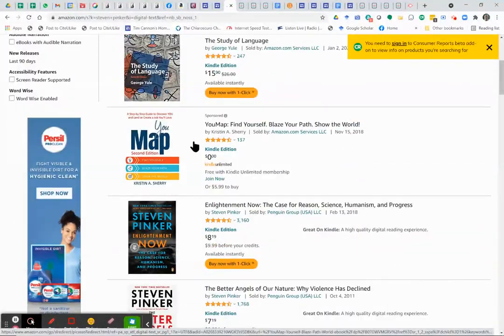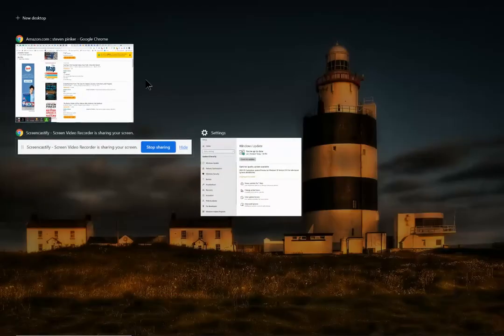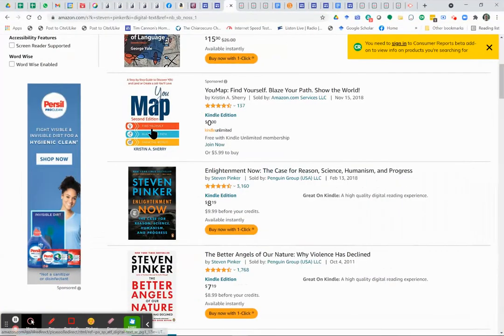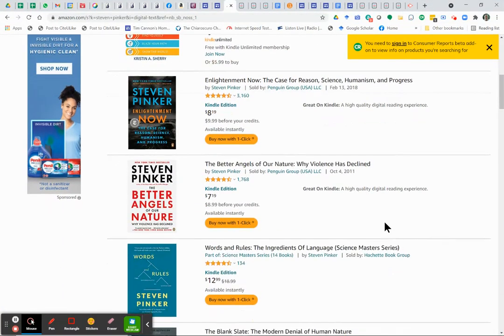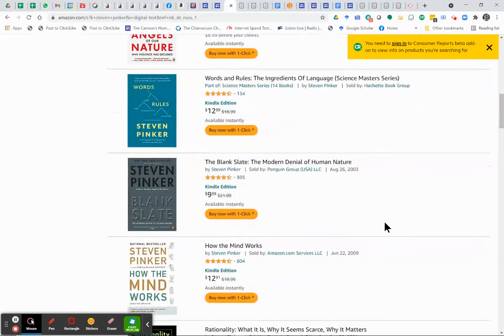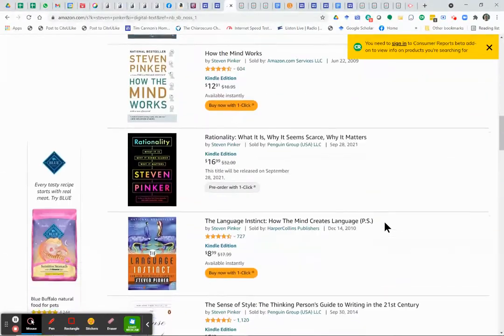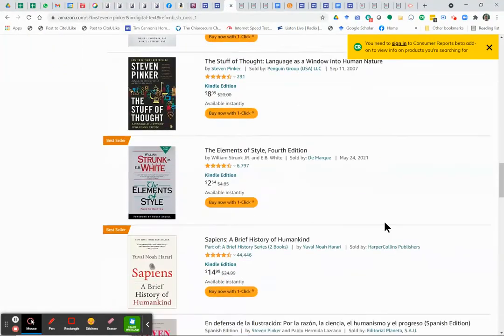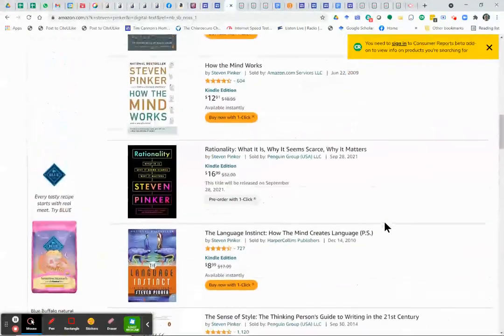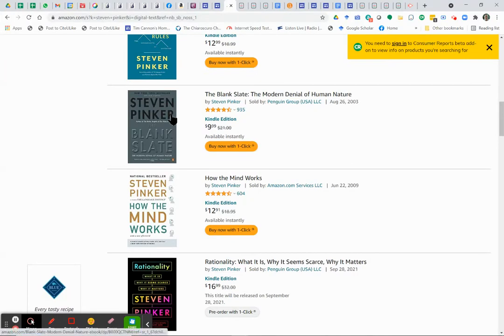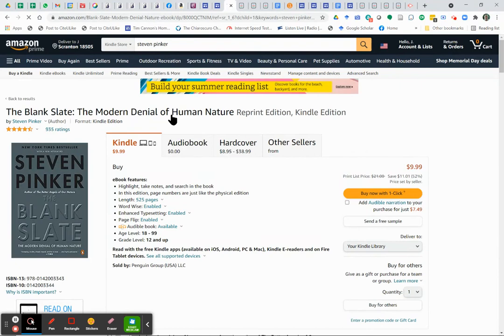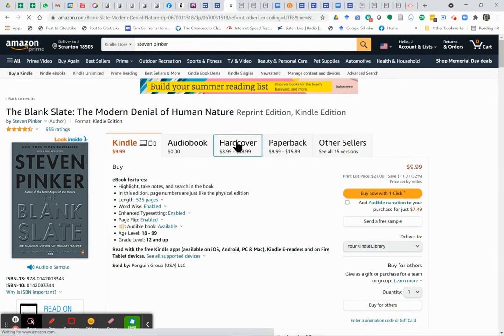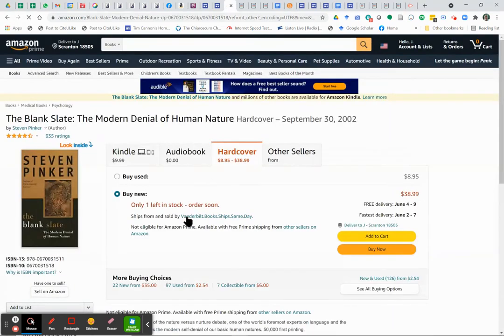Well, there's some really, really good books here. I've read a lot of his stuff. How the Mind Works. All right, so I can't find the pretty book. So we'll go to the one that we have. And there is a hardcover. There we go. That's better.